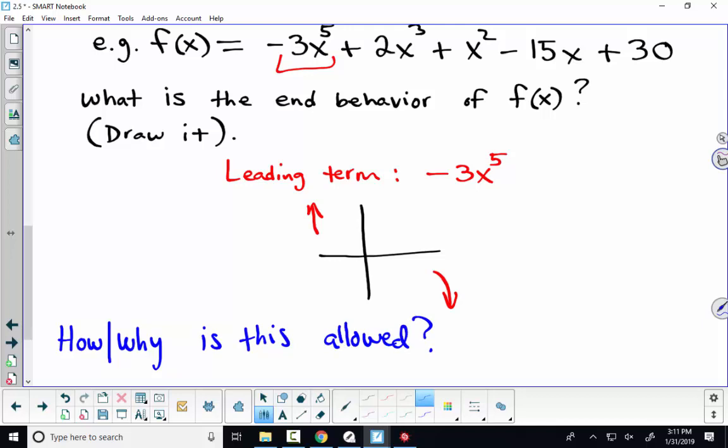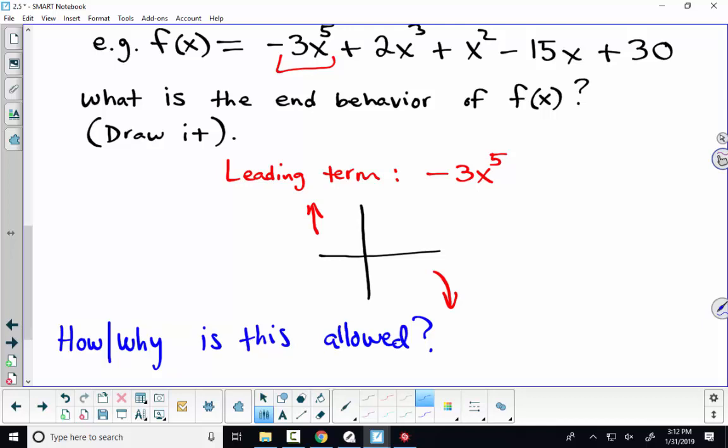As your x values get larger and larger in either positive or negative directions, the variation between x to the 5th is much greater than x to the cubed or x squared. So the difference grows wider, therefore the leading term is the most pronounced value.